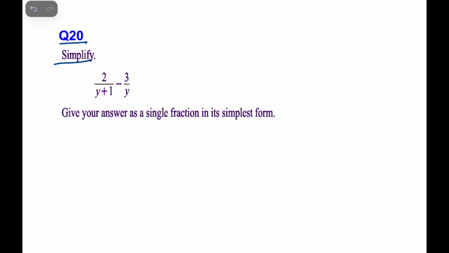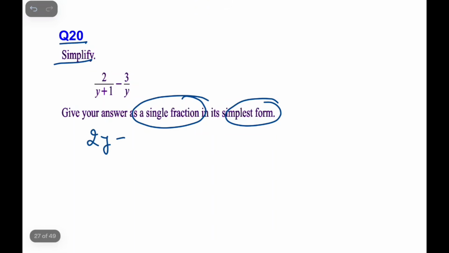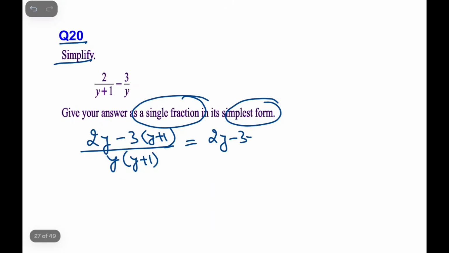This will be our final answer. Question number 20, simplify 2 upon y plus 1 minus 3 upon y. We have to write in the single fraction in the simplest form. So let us take LCM. We get 2y minus 3 times y plus 1 upon y times y plus 1. So this becomes 2y minus 3y minus 3 upon y times y plus 1.